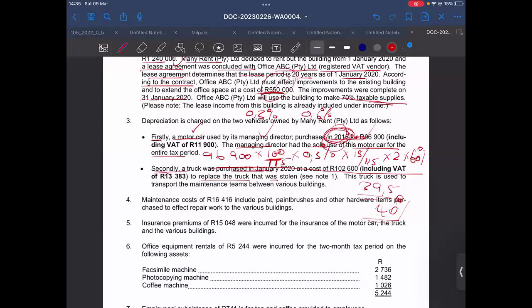The second vehicle was purchased on 1 January, that is the current tax period. It's a truck, good people. So we claim input VAT on how much? 102,600.